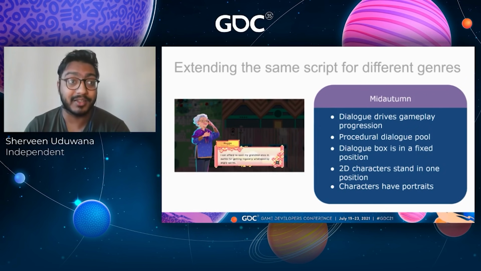So it's not linear. There's a random chance of which conversations you're going to get. And unlike Blackcurrant, the dialogue box is always going to be in the same position on the screen. They're 2D characters. They don't really animate. And each character has a higher resolution portrait.